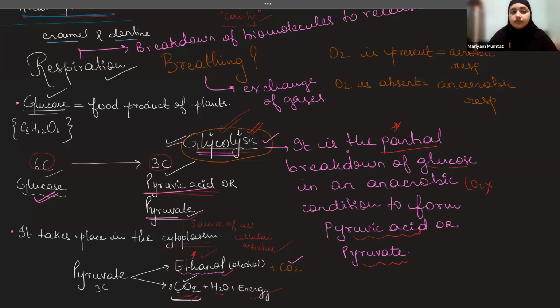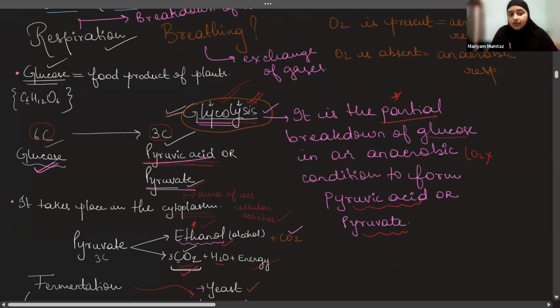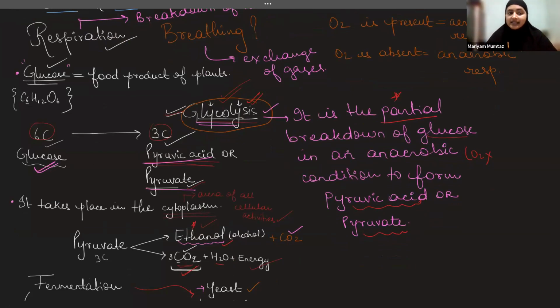Clear? Now, we know that glucose is a carbohydrate and it is the food product of the plant, right? C6H12O6, it is what the plants make after photosynthesis has been done. During the process of respiration, this glucose gets converted into pyruvic acid or pyruvate.